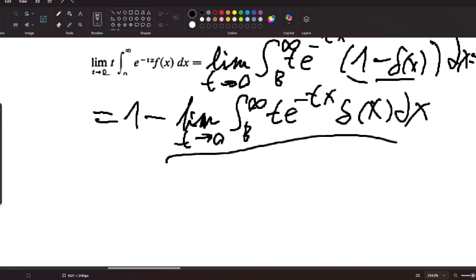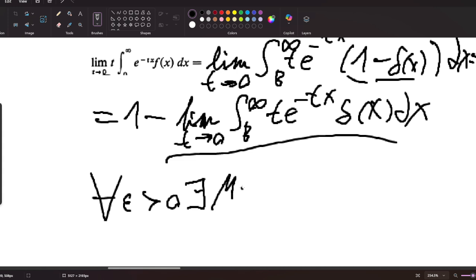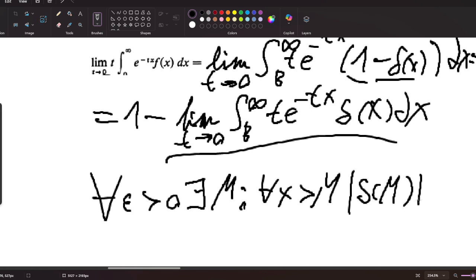Well, what we can do is work with this lower bound here. We can say that for every epsilon greater than 0, there exists, let's call it capital M, such that for every x greater than capital M, the absolute value of delta of x is going to be less than epsilon.